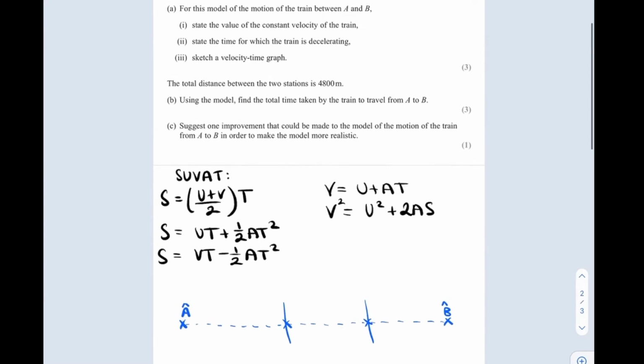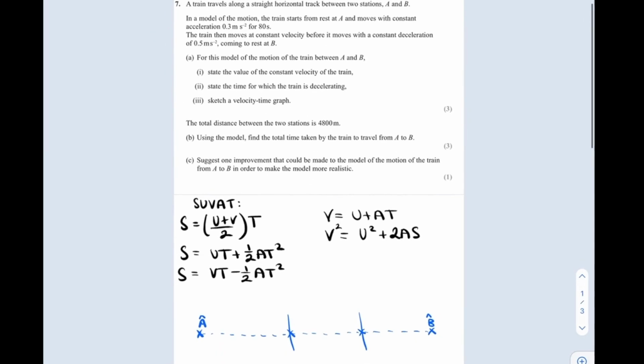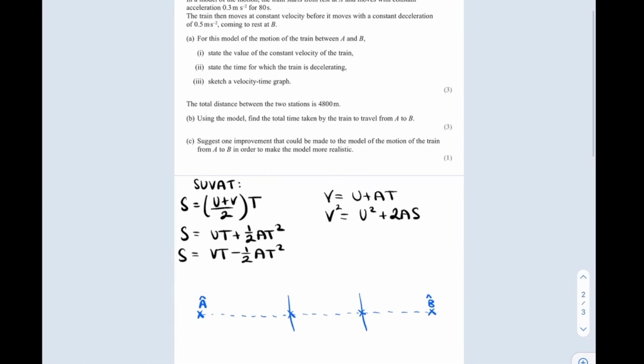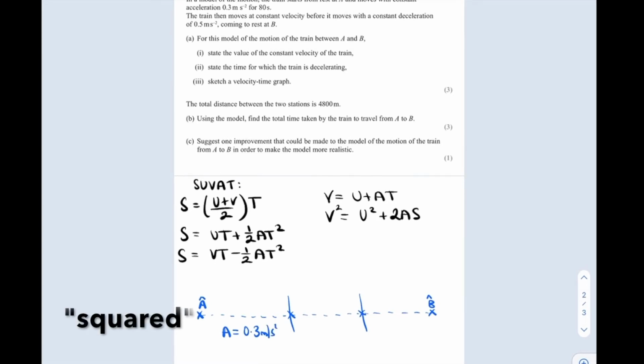So a bit of a rough sketch as to where they are, but I'm going to put down my information in between nonetheless. So in the first section, in the model of the motion, the train starts from rest at A and moves with constant acceleration 0.3 meters per second squared for 80 seconds. So let's put that on here. I've got a being 0.3 meters per second squared, and I've got time being 80 seconds.